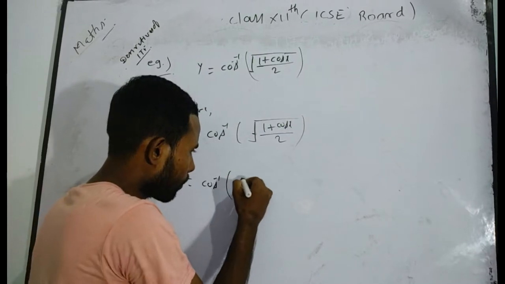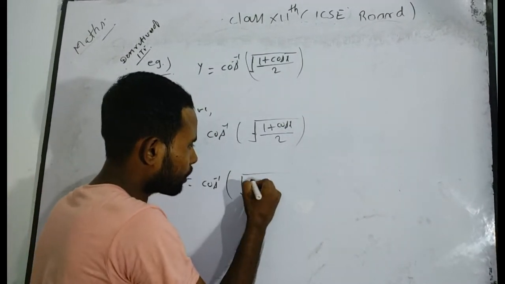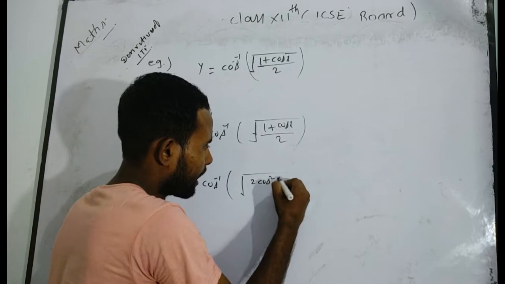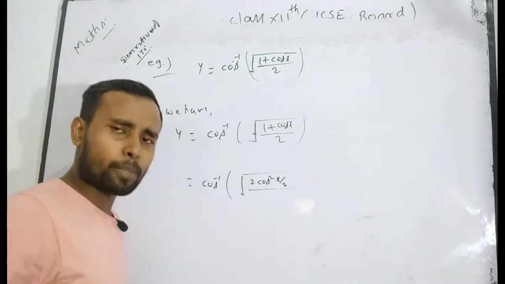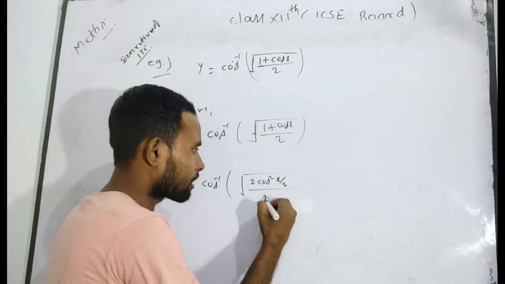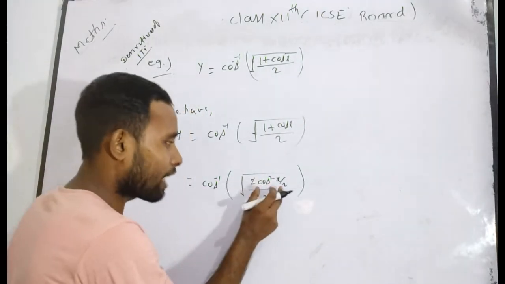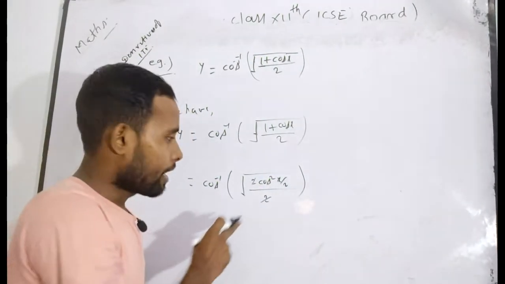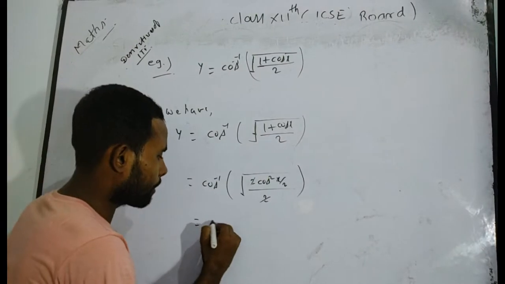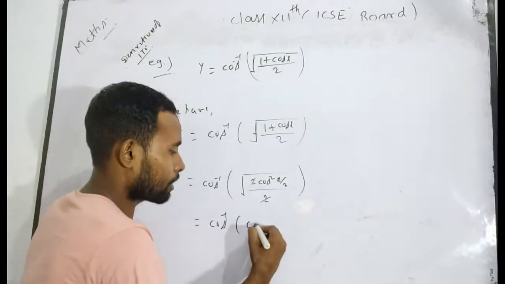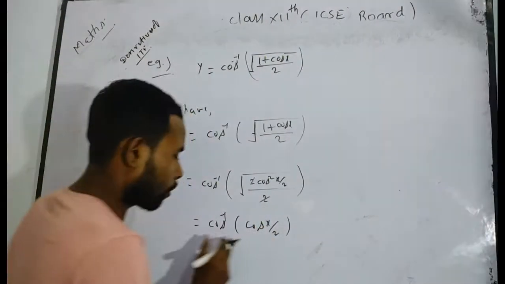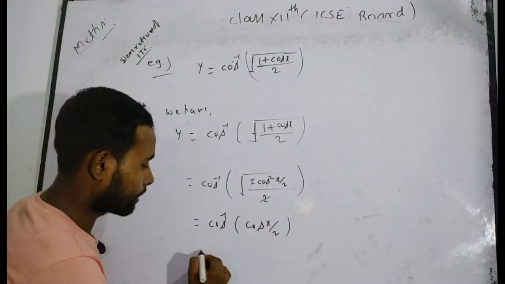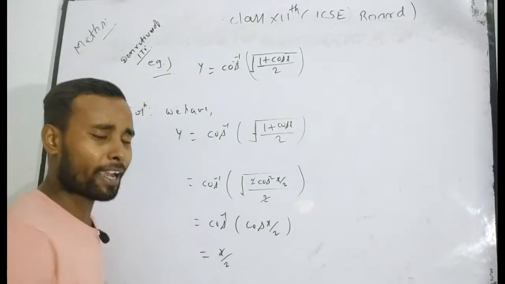I think you know 1 plus cos x is equal to 2 cos square x by 2, divided by 2. The 2 cancels, and when you take the square root of cos square x by 2, it will be cos x by 2, and cos inverse cos theta will be theta, which is equal to x by 2.